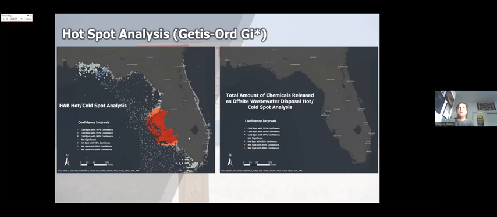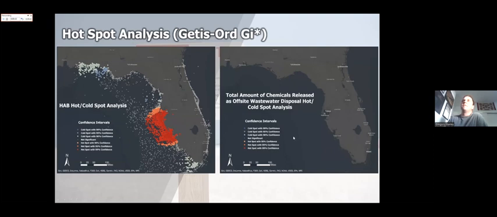So here we can see a high confidence level hotspot for Tampa Bay and Cape Coral area. So high value hotspots, and then lower value cold spots for the Pensacola and Panhandle area, as well as the southern tip.